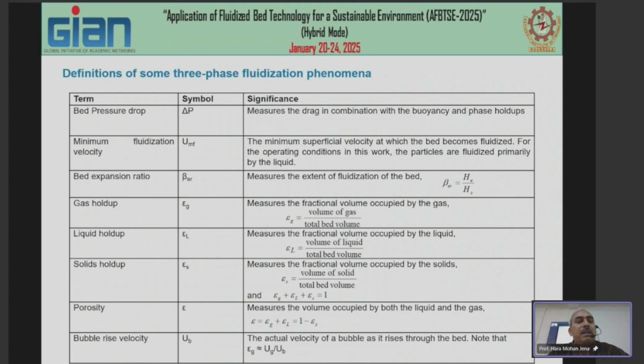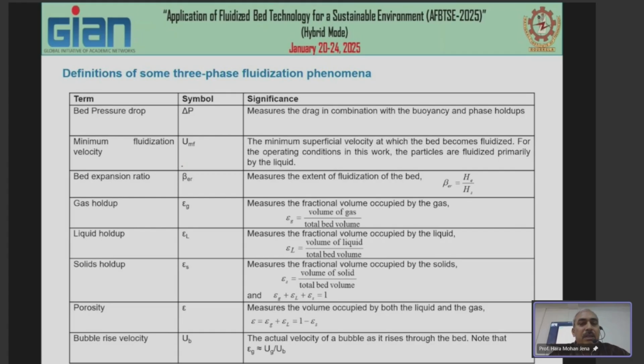And when it is a gas solid fluidized bed in ambient condition, the drag is the predominant one. But in a liquid solid bed, it is the drag and buoyancy together. But in a gas liquid solid system, it is the drag, buoyancy force, and the phase hold-up together.